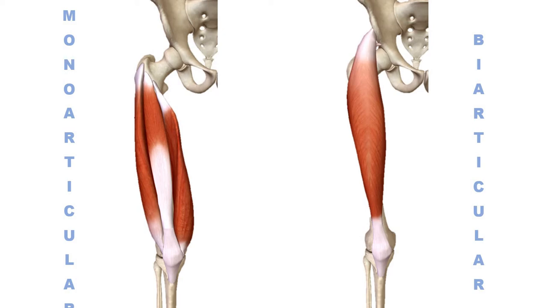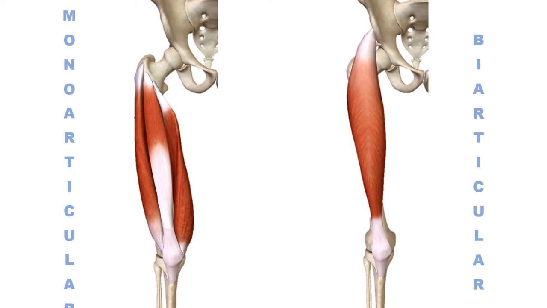Sorry, I've cropped off the R there from monoarticular, but monoarticular, mono meaning singular, one articulation. So when these muscles are recruited, they produce articulation about one single joint, i.e. knee extension.